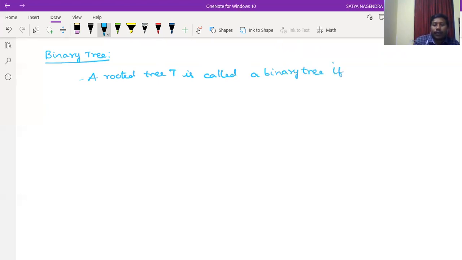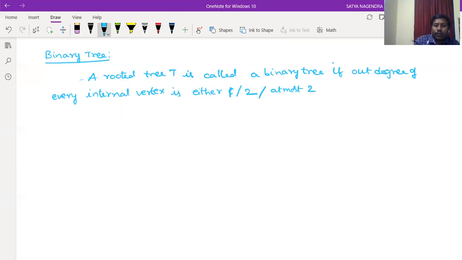if the out degree of every internal vertex is either 1 or 2, or at most 2.